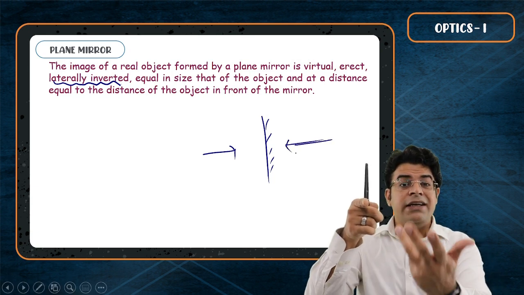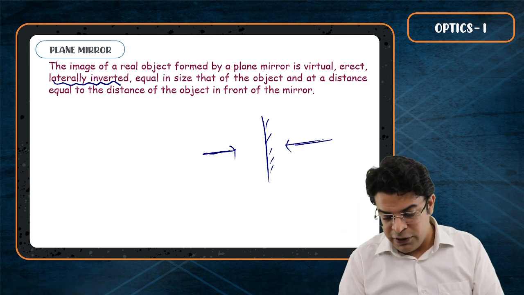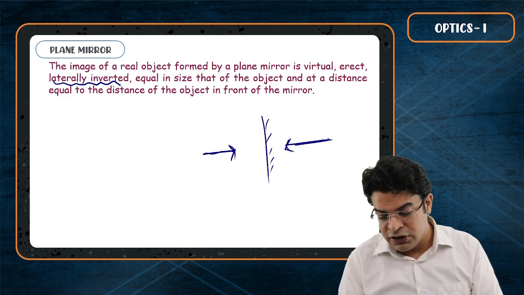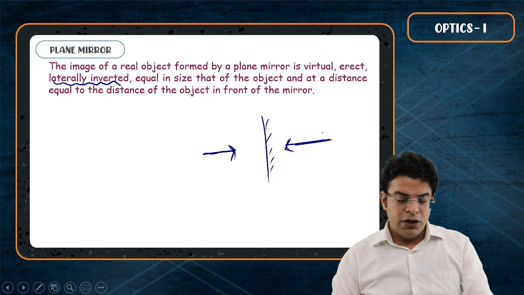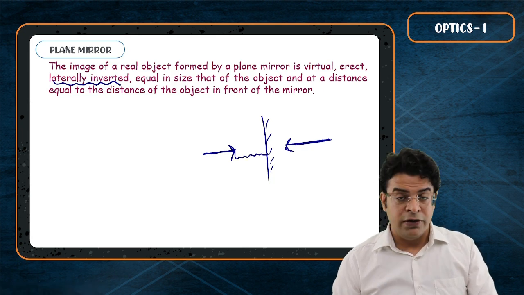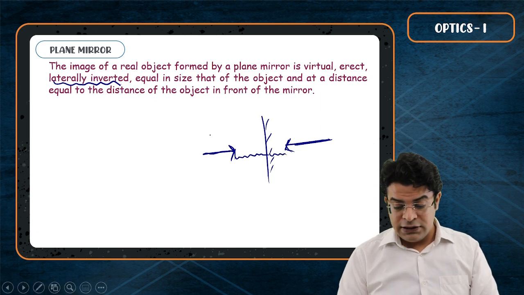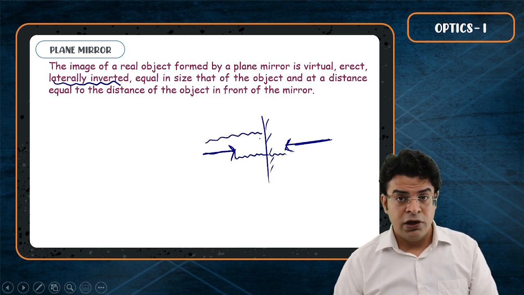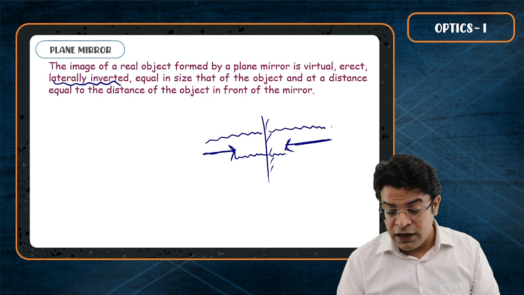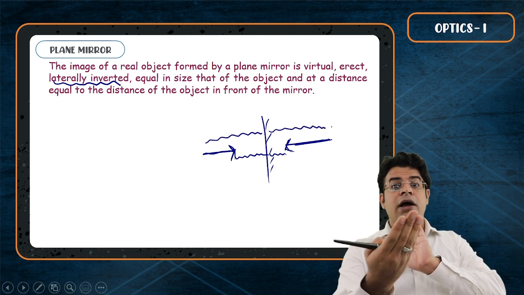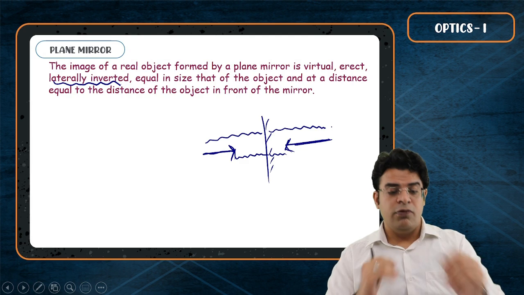So it's laterally inverted. If you have placed the object this way, the image will look this way. The things which are closer to the mirror, their images are also formed closer to the mirror. And the things which are farther away from the mirror, their images are also formed farther away from the mirror. So the image appears laterally inverted.